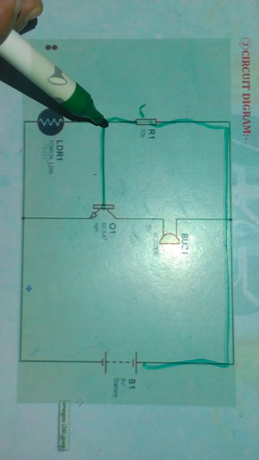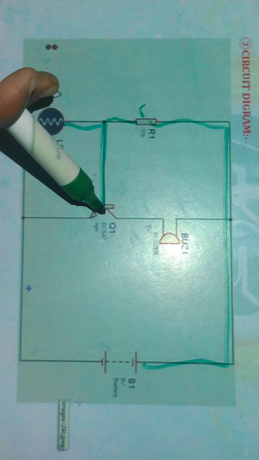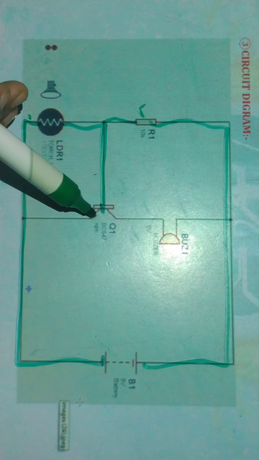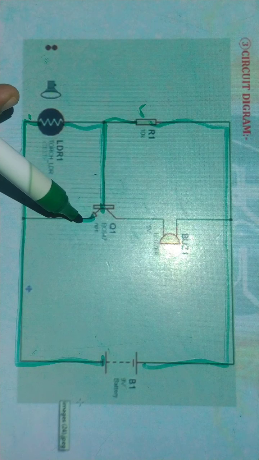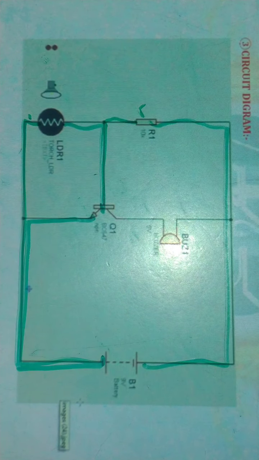Clear? One end of the LDR is connected to the base of the BC547 transistor, and the second terminal is connected to the battery negative terminal. And the emitter is directly connected through a jumper wire to the battery negative terminal. So this is the circuit diagram.